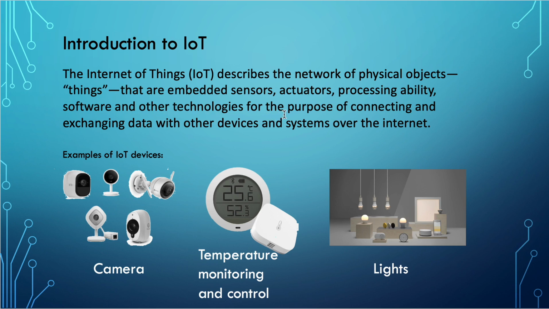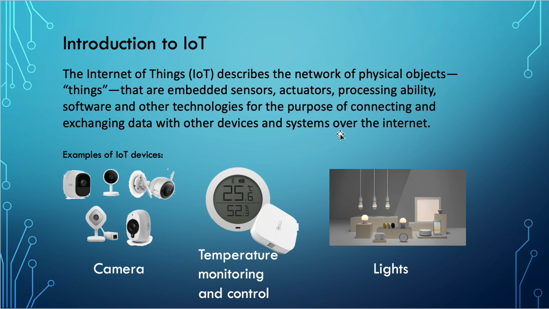For the last part of this definition, these embedded sensors, actuators, software and processing abilities are embedded together for the purpose of connecting and exchanging data with other devices, other physical objects and systems over the internet, right?